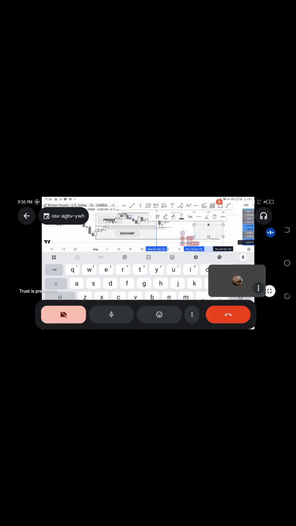So we have rejection block, order block, breaker block, mitigation block, and fair value gap.